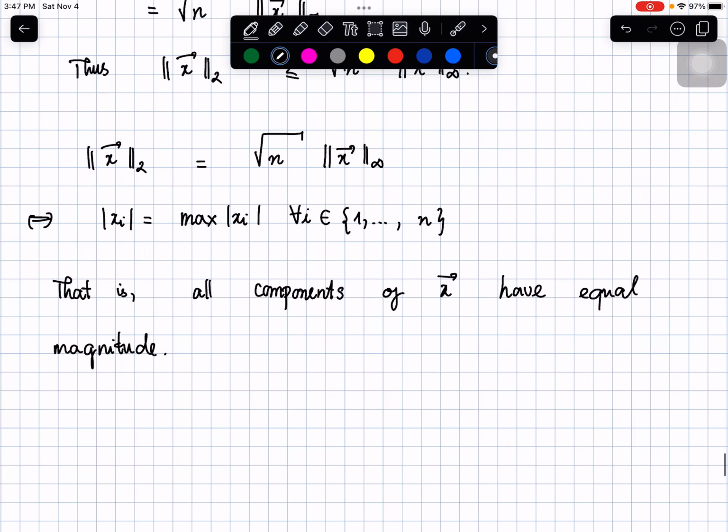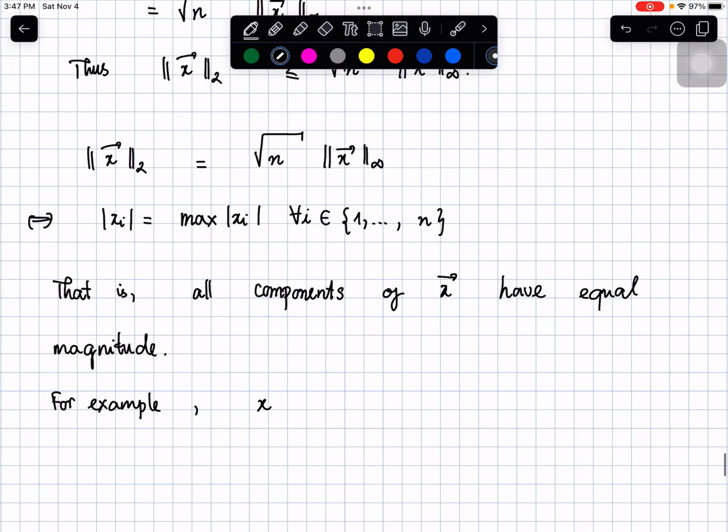So we can just give an example. For example, vector x. It just means they have the same absolute values. It doesn't have to be exactly the same number. For example, 3 and minus 3 are still the same. So vector x can be the vector 3, minus 3, 3, 3, minus 3, whatever. So it is a vector in Rn, right?